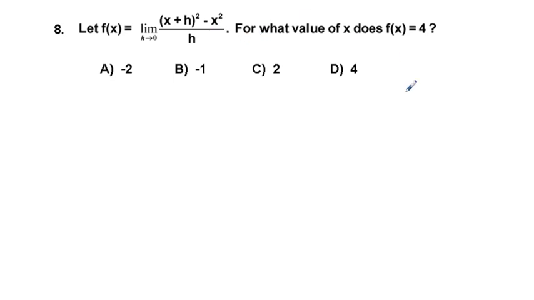And so with the definition of the derivative, f prime of x is going to be equal to the limit as h approaches 0 of x plus h. Well, I'm going to just write in the general form here.